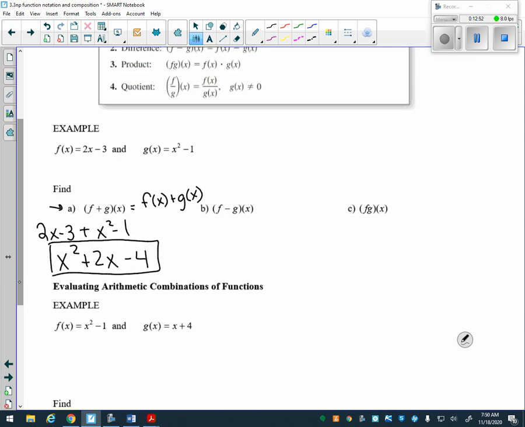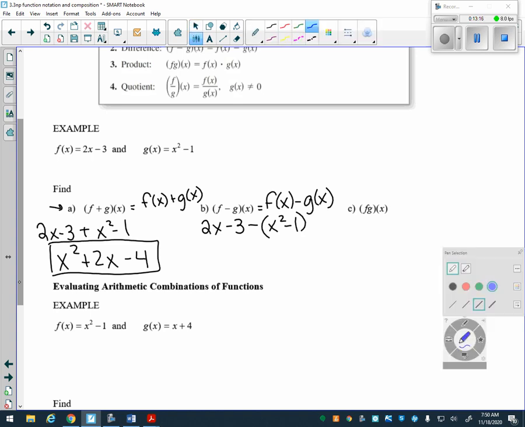Okay, then we have b, f minus g of x. That's the same as f of x minus g of x. However, around g of x, you want parentheses. So for example, you have 2x minus 3 minus (x squared minus 1). The reason you want parentheses around your function when you're subtracting is because you have to distribute the negative sign.